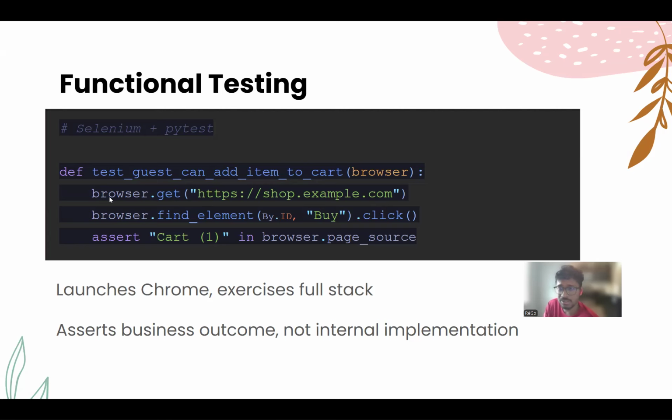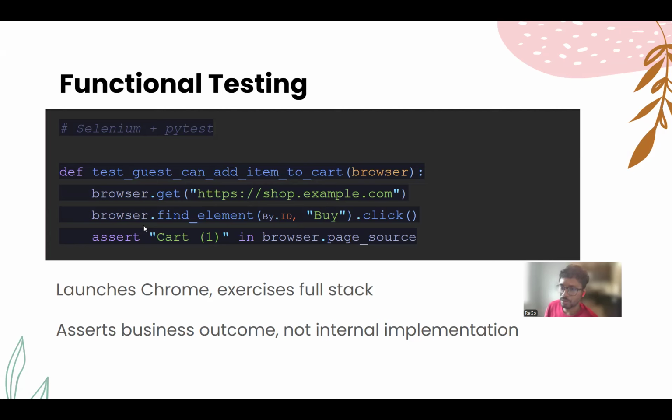I want you to understand how to use the syntax and what it means, so that even if you copy paste it, you know what it is. Browser.get with this web address means you're using the browser to navigate to this URL and load the page. Next step, find element by ID, with some ID name.